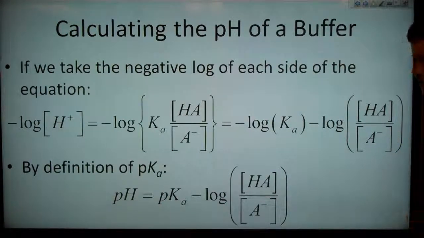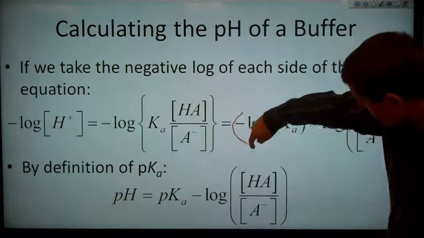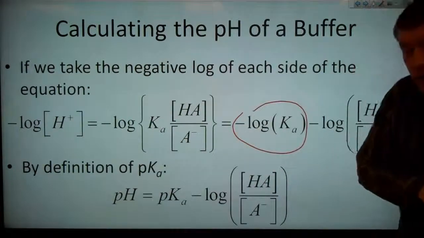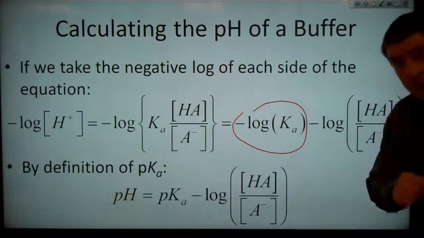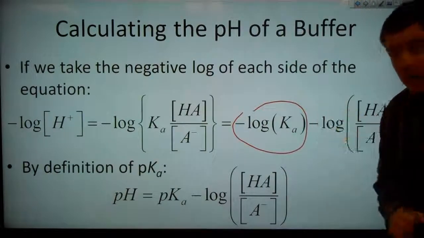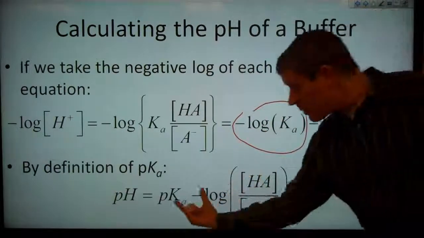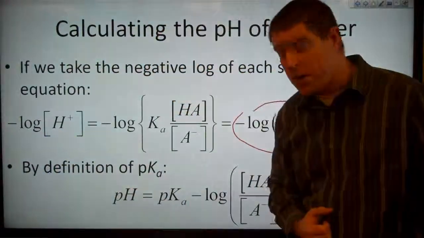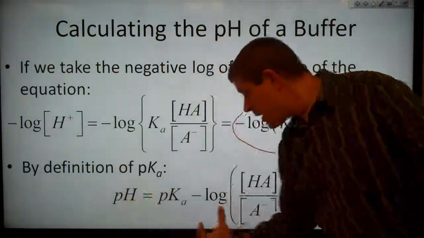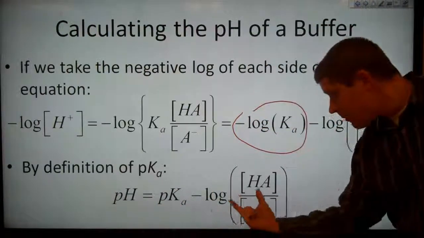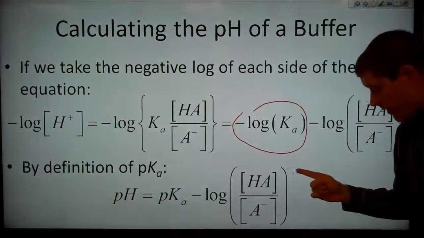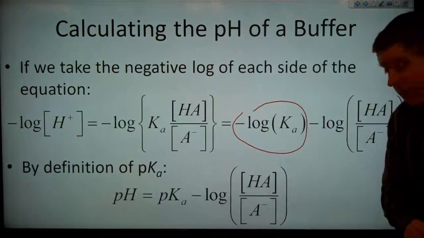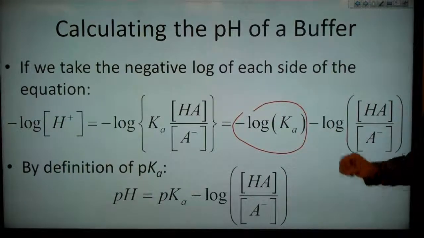Because minus log base 10 of something is the p of that something, we can write this term as pKa, and that term is pH. So we can say pH is equal to pKa minus log base 10 of the acid concentration over the base concentration.